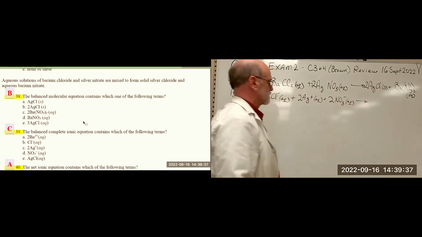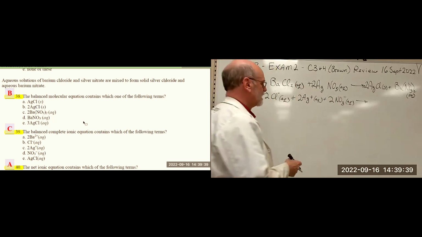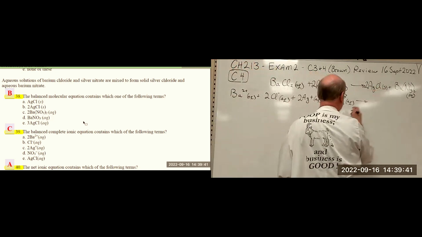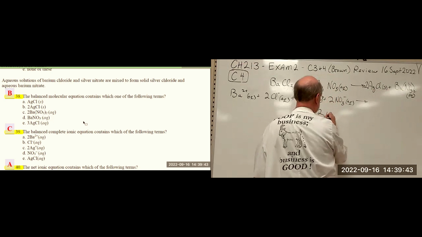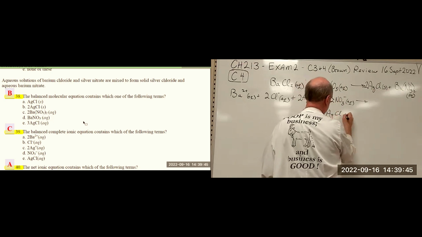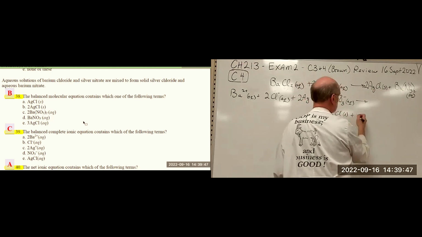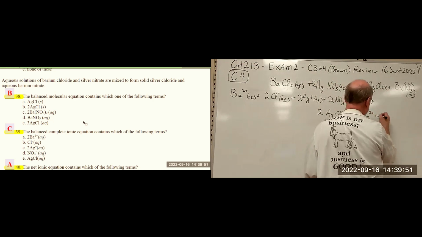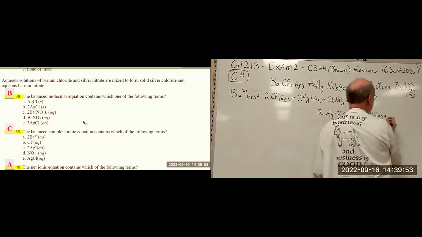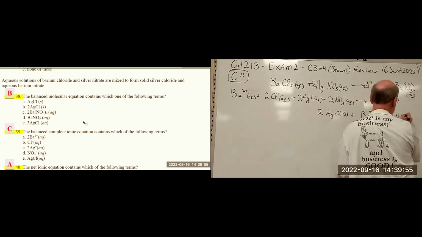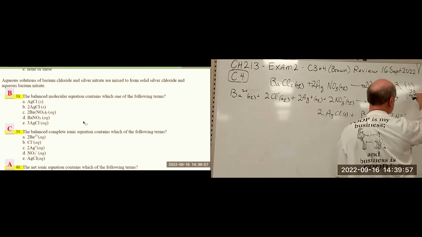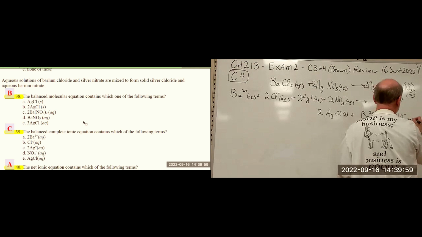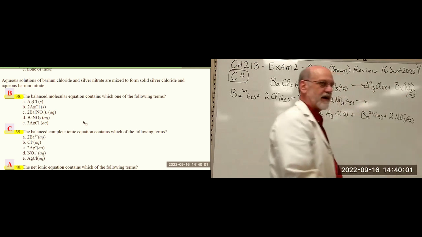That's just the reactants. Now, the product, we can't touch this one because it's a solid. We have to leave it just like it is. Now we have barium 2 plus in solution still, and 2 nitrates because of that 2 subscript. That's the complete ionic equation.